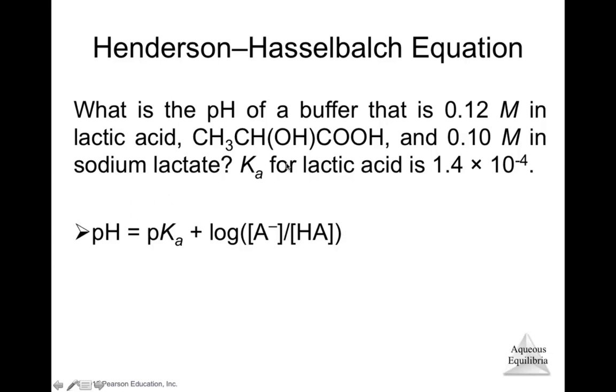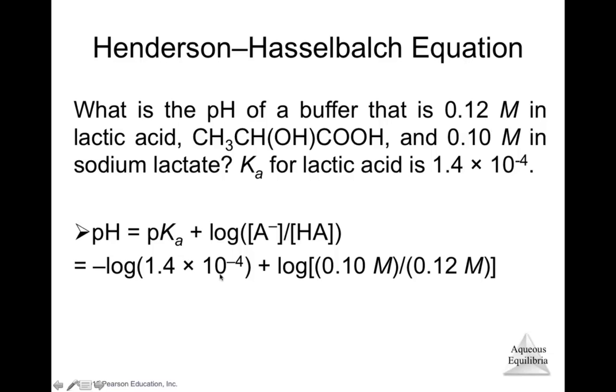The pKa will be equal to the minus log of this value, and then you will add the log of the concentration of the conjugate base, that will be 0.1 molar, and the concentration of the acid, that will be 0.12 molar. So here we go.